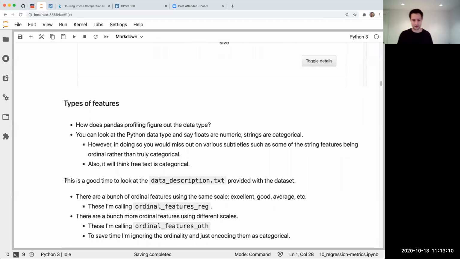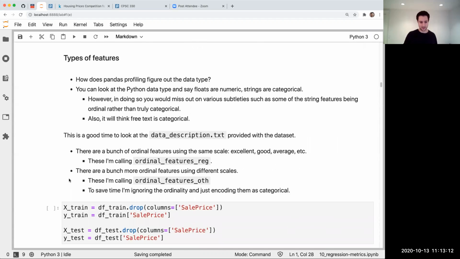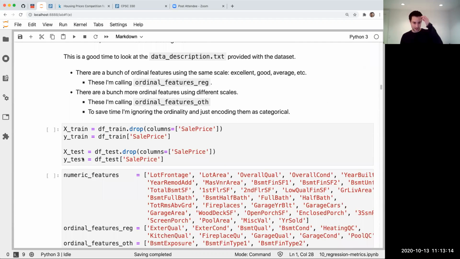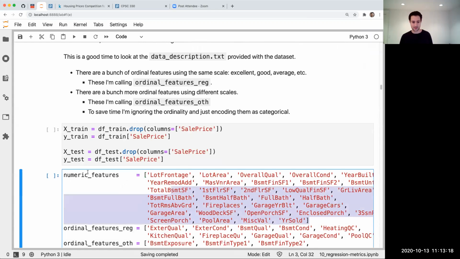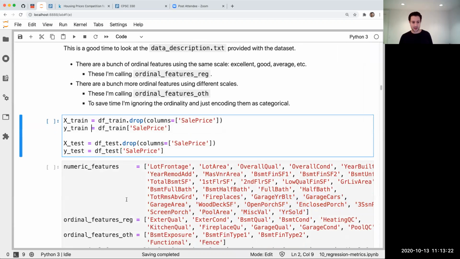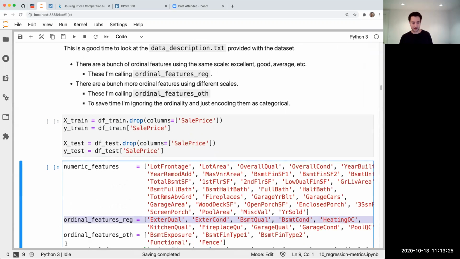Okay, so what I did to preserve my own sanity is I made a few types of features. I made numeric features. So first I separated X and Y. You've seen that before. I made ordinal features regular, which are ordinal features that use that same scale of excellent, good, average, fair, poor.